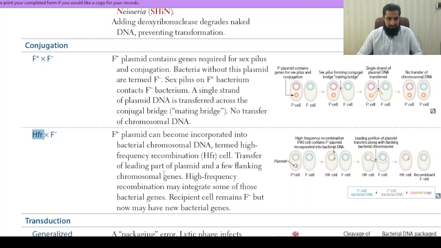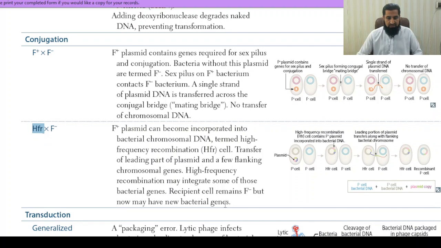There is transfer of the leading part of the plasmid and a few flanking chromosomal genes. The recipient cell may integrate some of these bacterial genes. Recipient cells remain F negative, but may have new bacterial genetics.